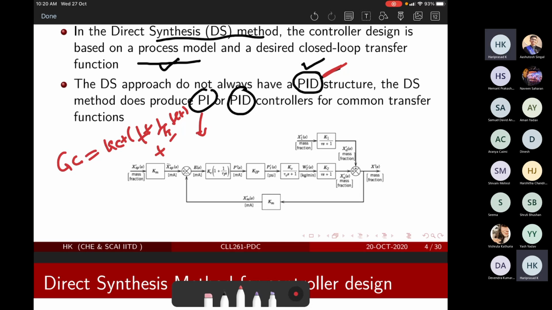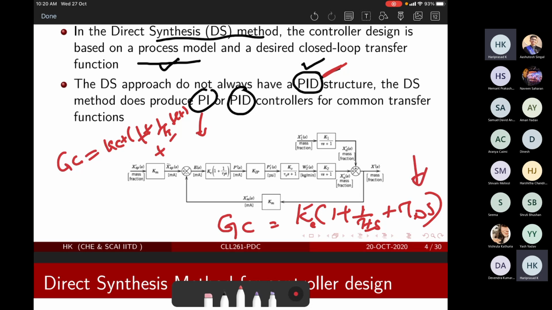So you do the direct synthesis approach and get a controller structure. Then you equate it with the PID form and figure out what Kc, tau I and tau d are. While doing that exercise, you may find that there is no tau d term. It is possible, but sometimes it may be there also.